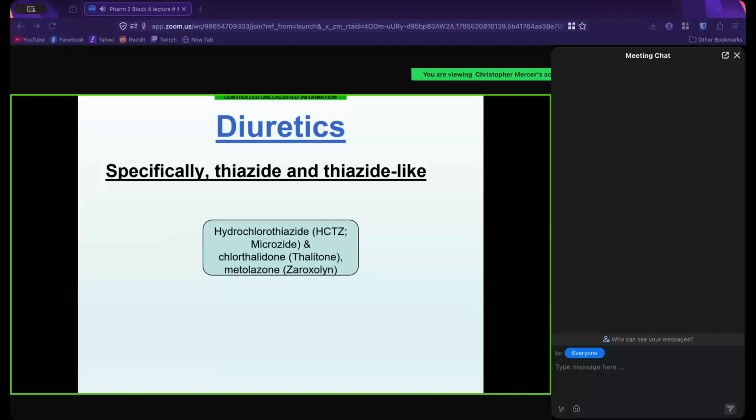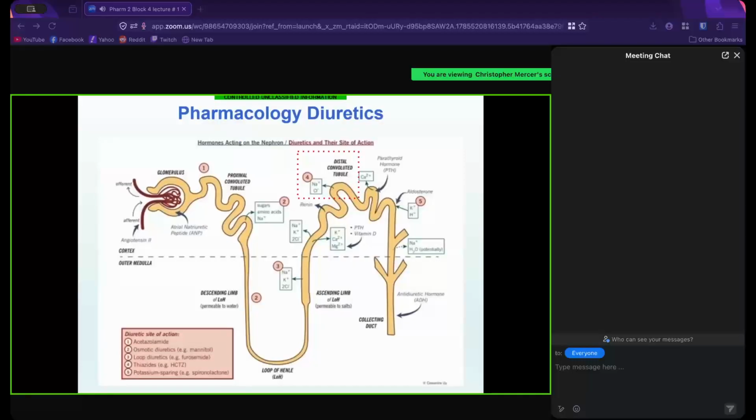But for now, when we're talking diuretics for hypertension, our backbone, it's this class, which includes the three or four drugs there: hydrochlorothiazide, Microzide, Thalitone, and then metolazone. So now we are here at the kidney nephron, right? So the diuretics.